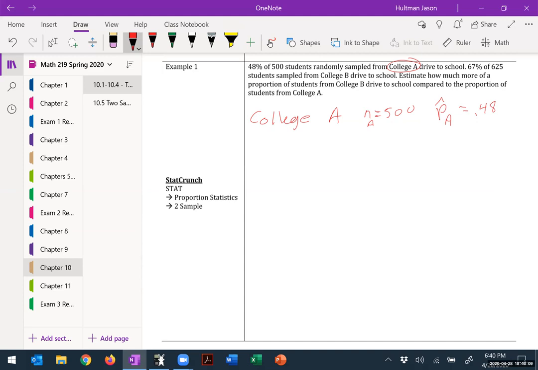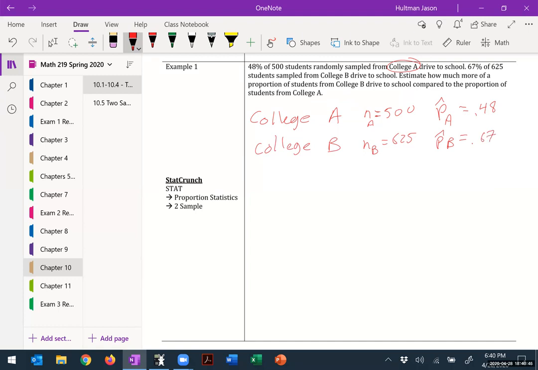What about college B? It says that 67% of the 625 students from college B. So N sub B is equal to 625, and P hat B, my sample proportion of B, is 0.67.